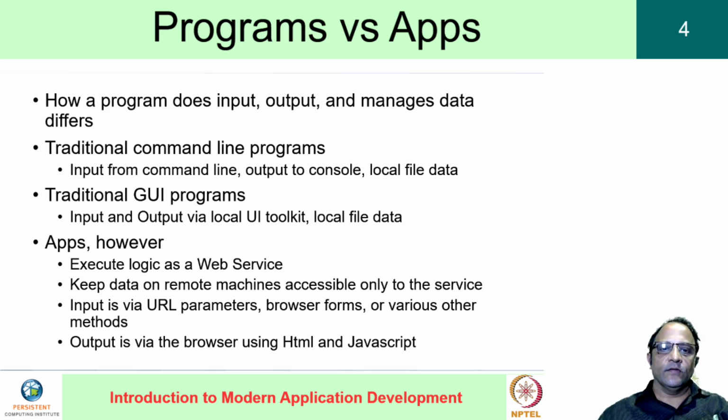The other thing programs offer is the ability to store old data and act on it at a later date. So, how a program does input, output, and use of data is a big part of the distinction between a program and a modern app. In the simple programs we write in our courses, we take input from a command line, write output to a console, and store data locally in files, and the app executes its logic locally.